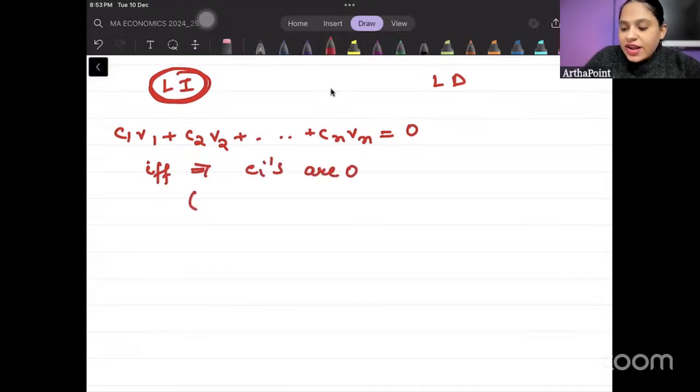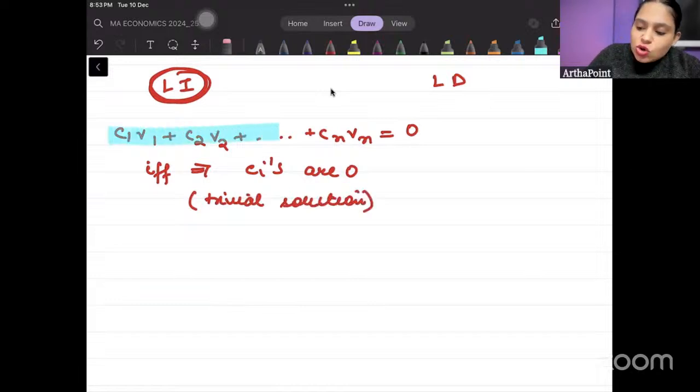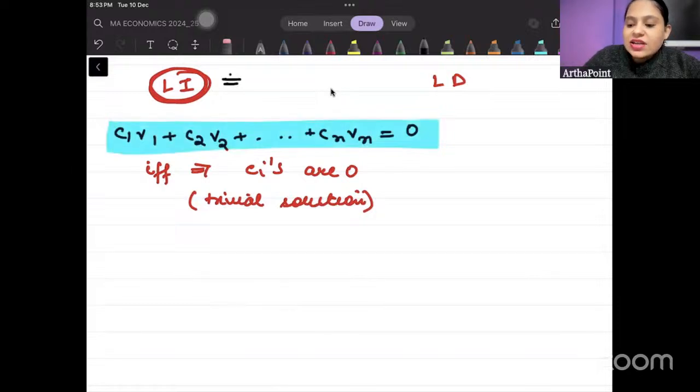That means you are having a trivial solution. The only C's that solve this equation is when C's are 0. Then it is called linearly independent.